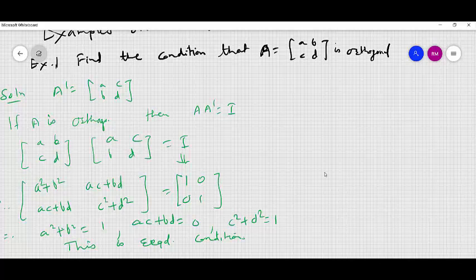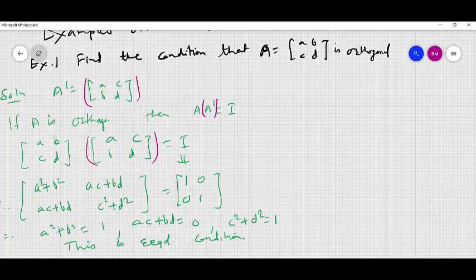So we use A being an orthogonal matrix, means A A transpose equal to I. Substitute the value of A, which is already given, and the value of A transpose, that is nothing but this one, and do the multiplication.